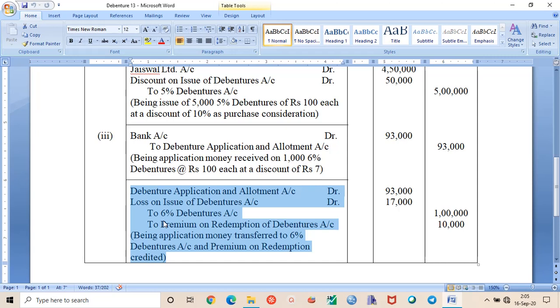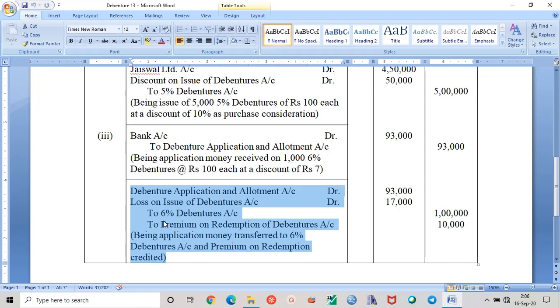So what is meant by this? When you repay the number of debentures, you are repaying them at a premium of 10%. So which means you will pay back 1,10,000 rupees, because 1,000 number of debentures into 100 will be how much? 1 lakh. So you will pay extra 10,000 rupees.